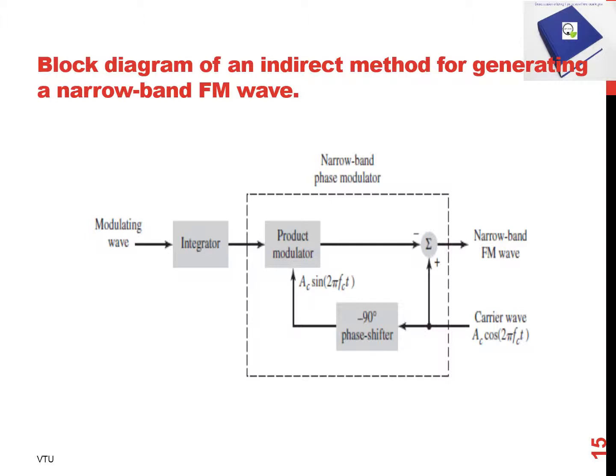The nonlinear device followed by a bandpass filter is called a frequency multiplier. If we give the narrowband FM wave to the frequency multiplier, the output will be wideband FM.